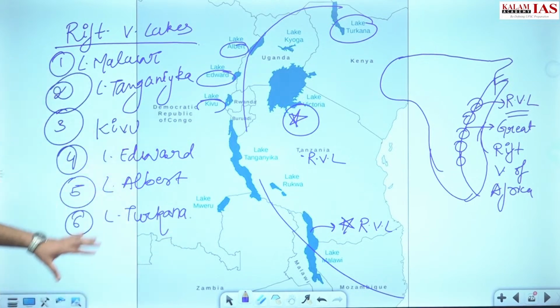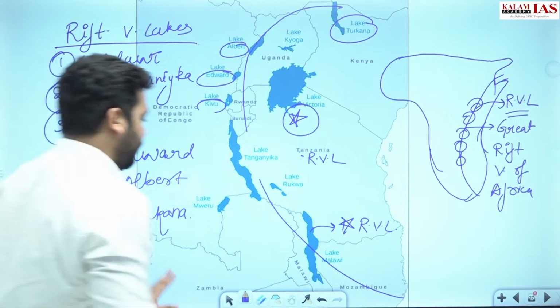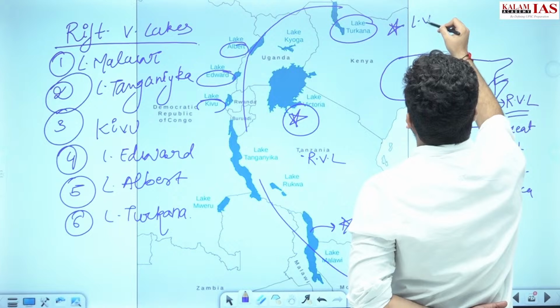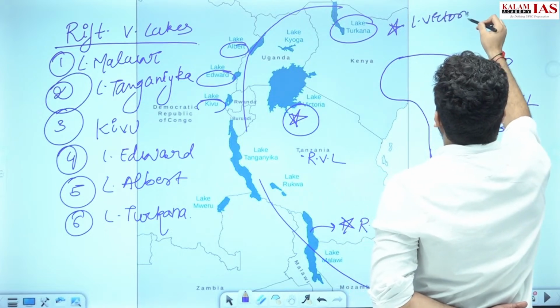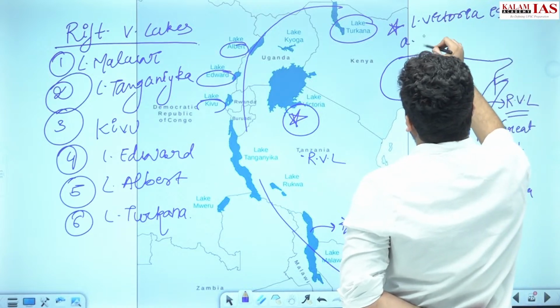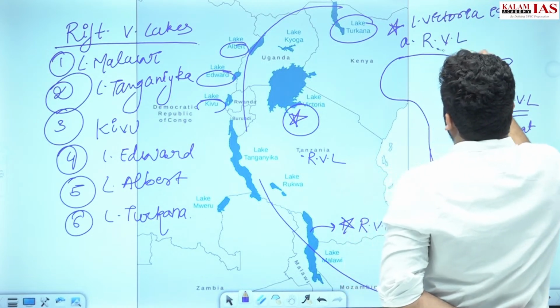It is in Kenya. So these are the Rift Valley lakes, and I will make a star and write Lake Victoria is not a Rift Valley lake.